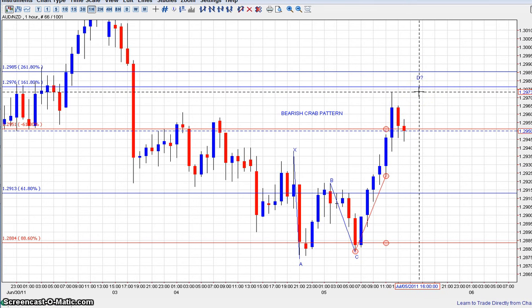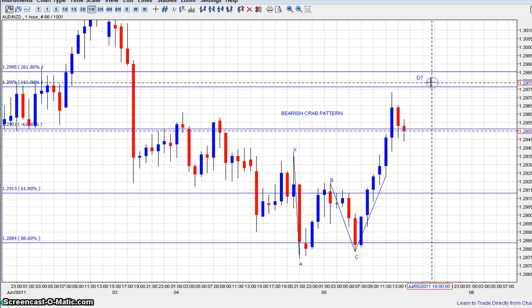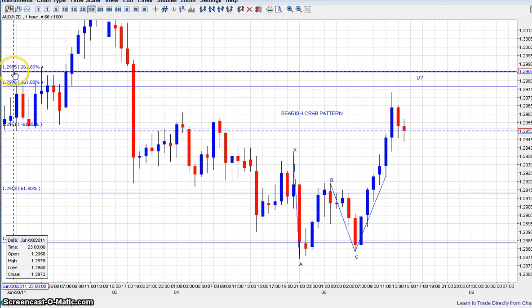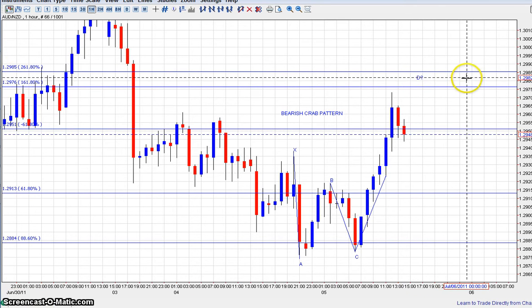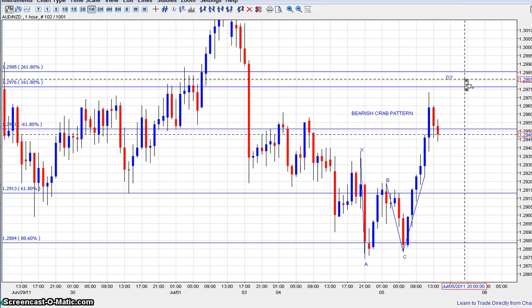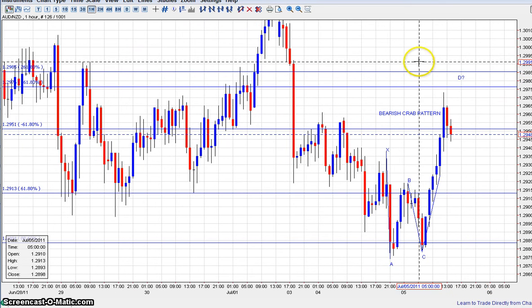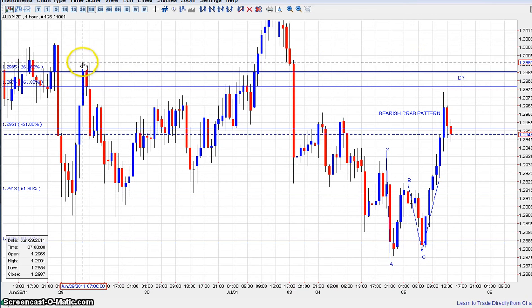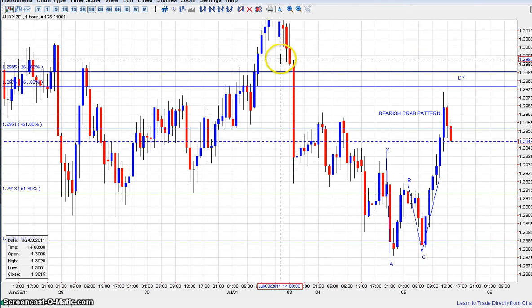So based on that, I'm clicking on an entry order to go short at 129.80. As you can see, the resistance zone is between 129.76 and 129.85. So I place my order at 129.80, and place my stop loss above this high here, which is maybe at 130.10.